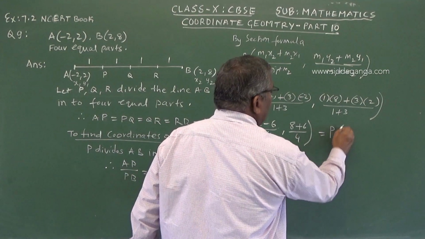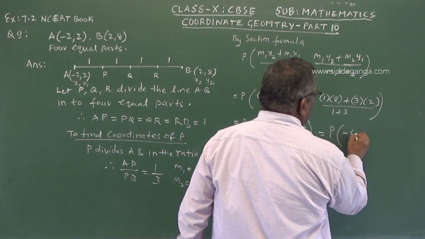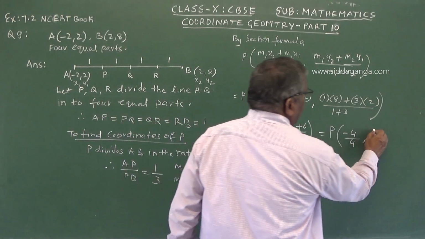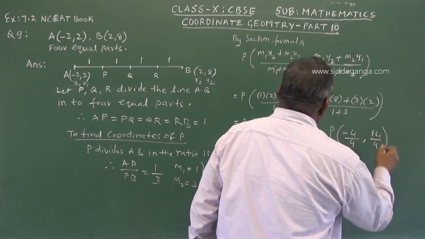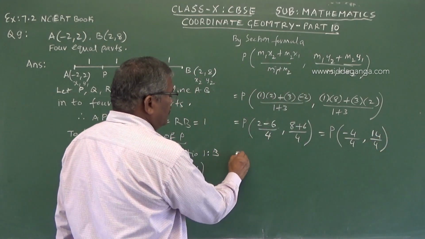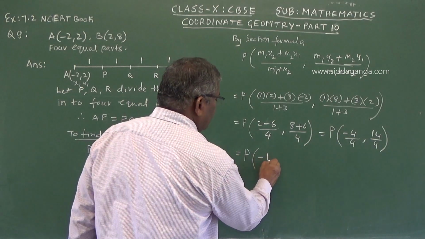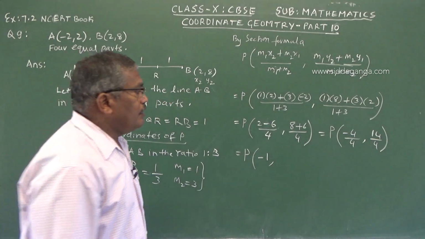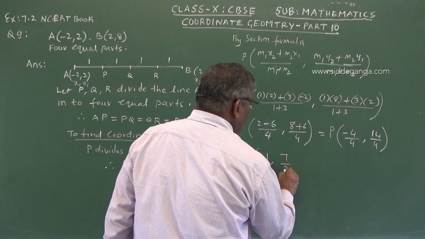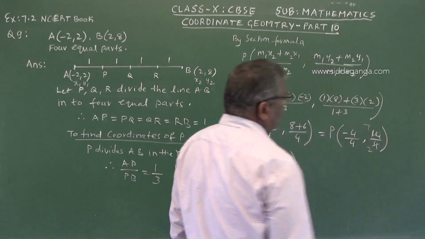This equals coordinates of P: minus 4 by 4 comma 14 by 4, since 8 plus 6 is 14. Now finally the coordinates of P are given by minus 4 by 4, which is minus 1, and 14 by 4, which is 7 by 2, since 2 sevens are 14 and 2 twos are 4, they get cancelled.